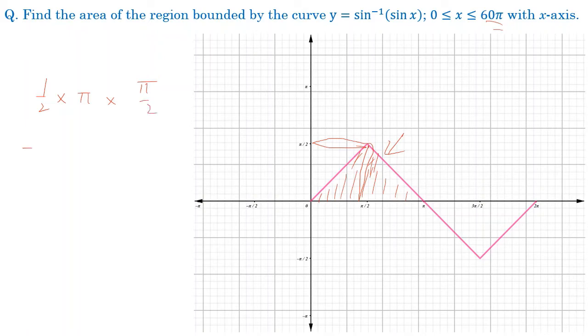So finally the area of the first triangle is pi square by 4. This is the area of the first triangle, pi square by 4, and we have 60 such triangles, so just multiply by 60, so it is 15 pi square units, and that is the answer.